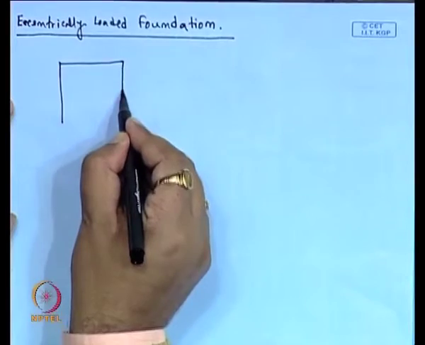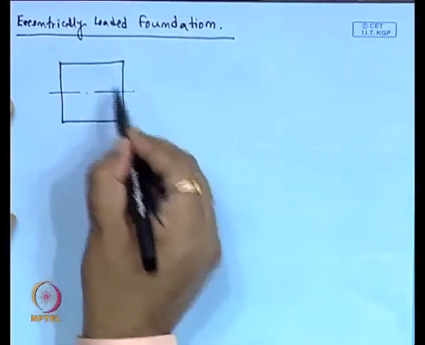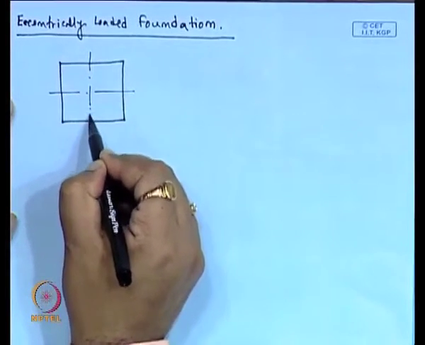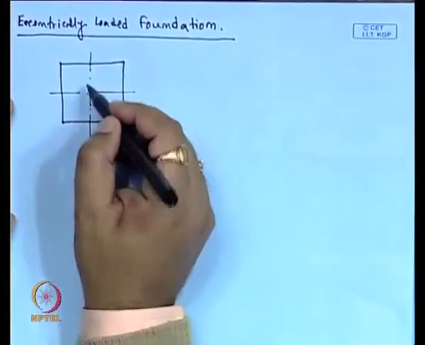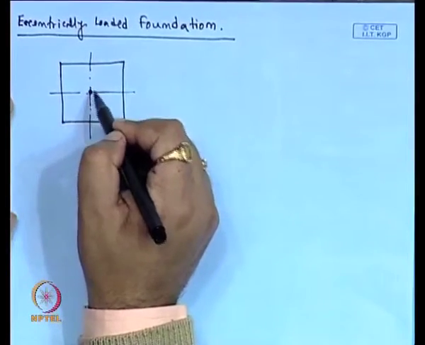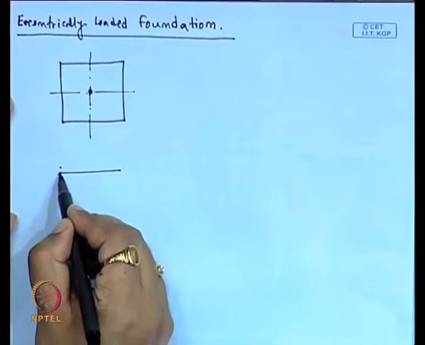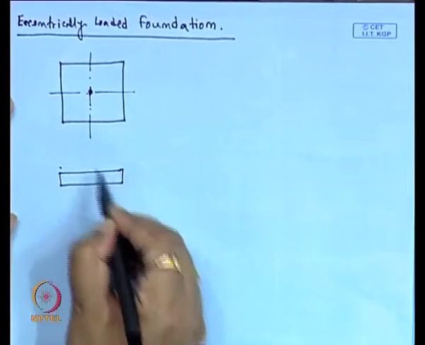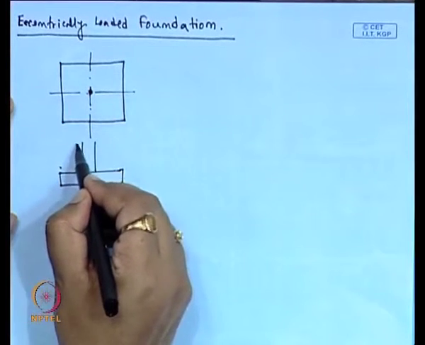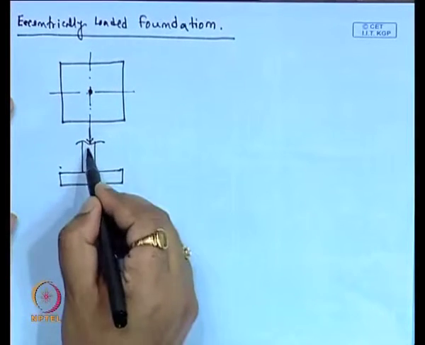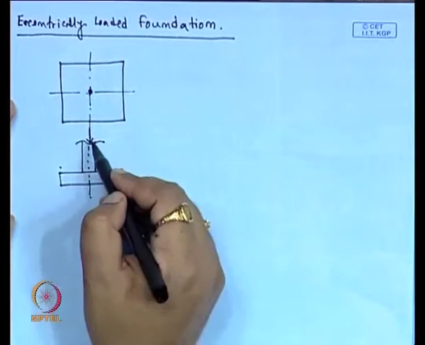Suppose this is the footing and this is the center of the footing. If I take the cross section of this foundation, or footing, the loading is applied at the center of the footing.